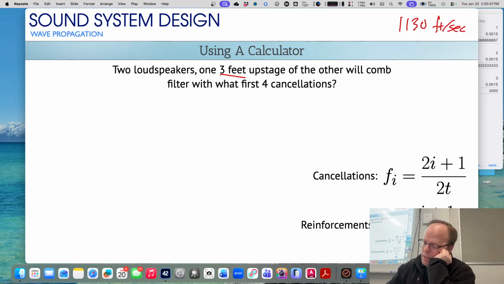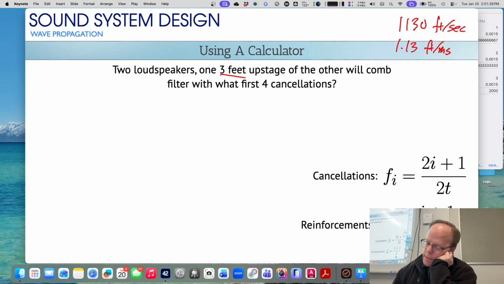And how many feet per millisecond is that? 1.13 feet per millisecond. Okay? You just memorize that. 1.13 feet per millisecond. Okay? Because you're gonna use that over and over again.